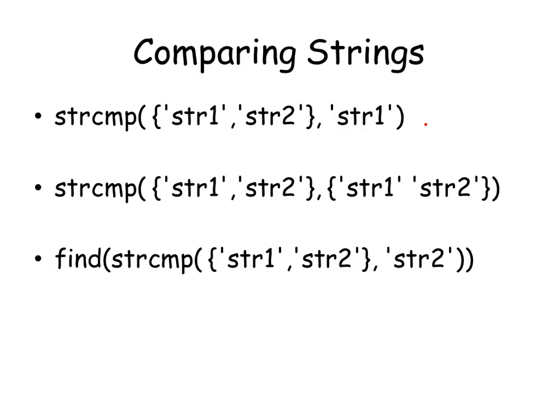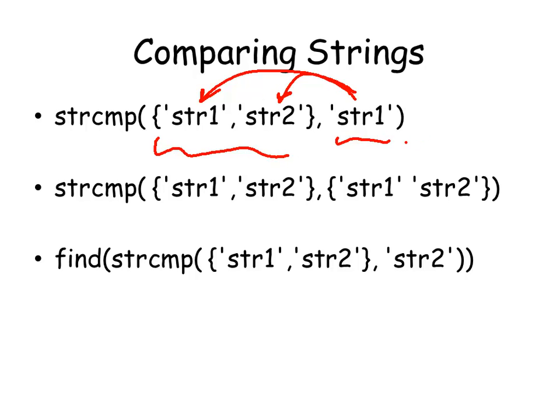All right, so far we only compared 2 character strings. You can use these functions to compare a set of strings, a cell array of strings. So if the first argument is a cell array and the second argument is a single string, then it's similar to performing addition of a vector with a single scalar, and this will be compared with each of these strings.